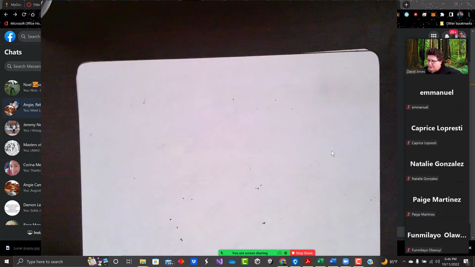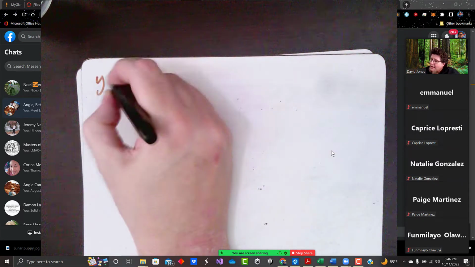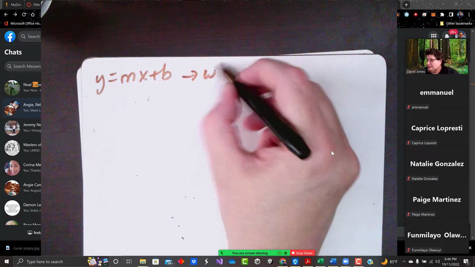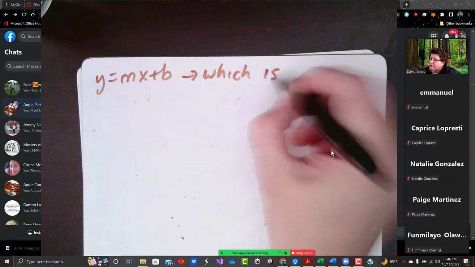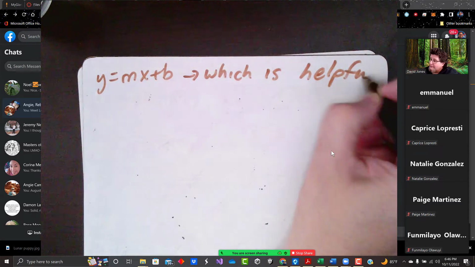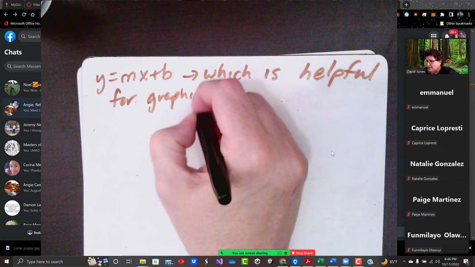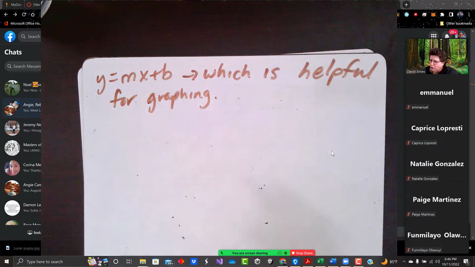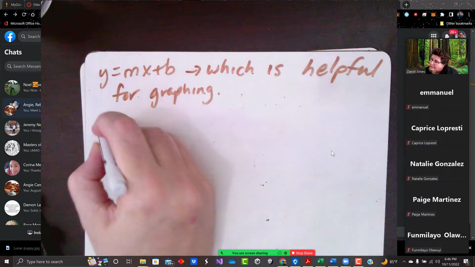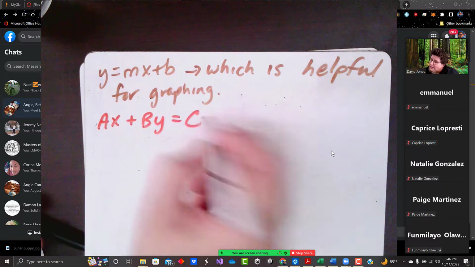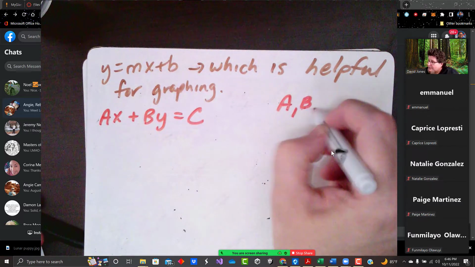So I said that we could write a line in two ways. We could do y equals mx plus b, which is helpful to read and helpful for graphing. The other form is ax plus by equals c, and a, b, and c are numbers.